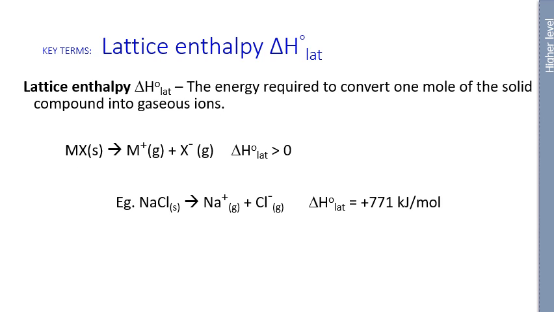Then we have lattice enthalpy, delta H naught lattice, which is the energy required to convert 1 mole of solid compound into gaseous ions. So we've got mystery compound MX, and it's going to be turned into the corresponding ions in the gaseous phase. For example, sodium chloride being converted into sodium ions and chloride ions, which has a lattice energy of plus 771 kilojoules per mole.